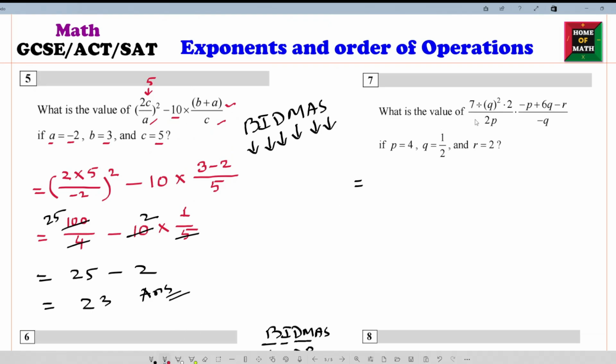Number 7. What is the value of 7 divide q square times 2 minus p plus 6q minus r divide minus q? Here p equals 4, q equals 1 by 2 and r equals 2.